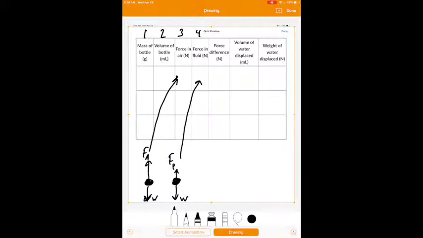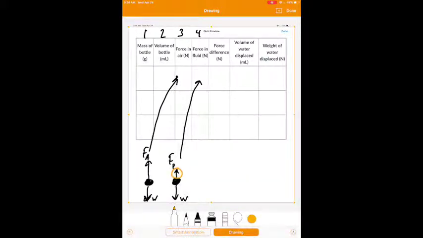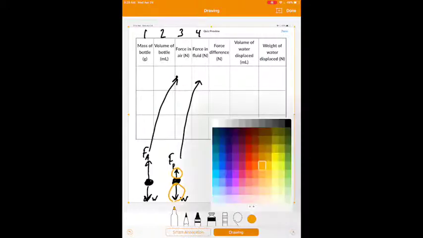It could be only partially submerged. Notice that my force in fluid arrow is smaller than the weight arrow.